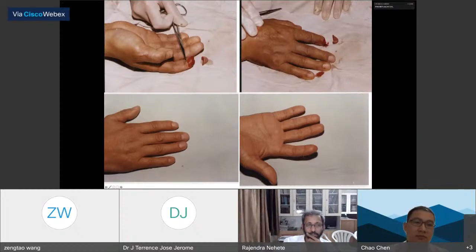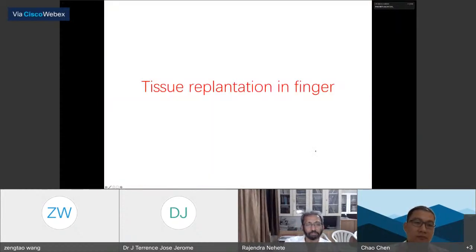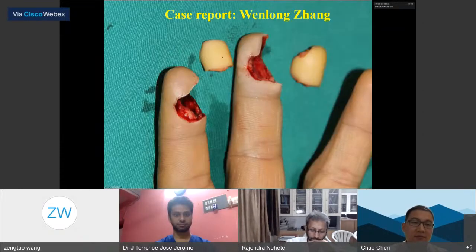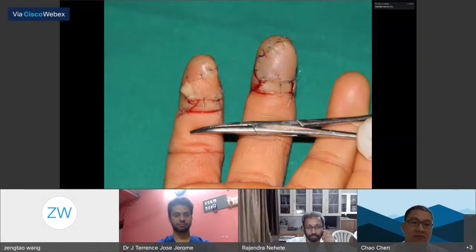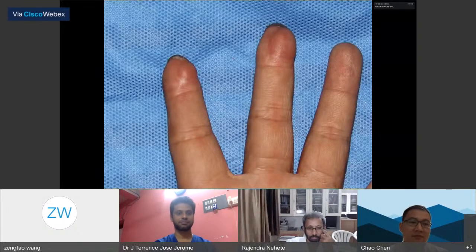Postoperative. And a tissue replantation finger. This is a severed tooth replantation, one year postoperative.